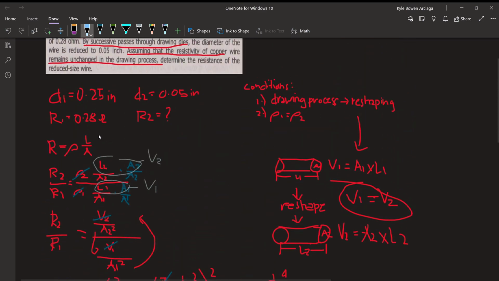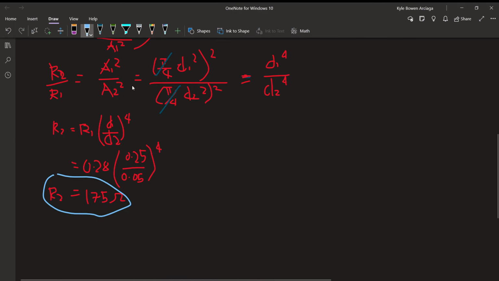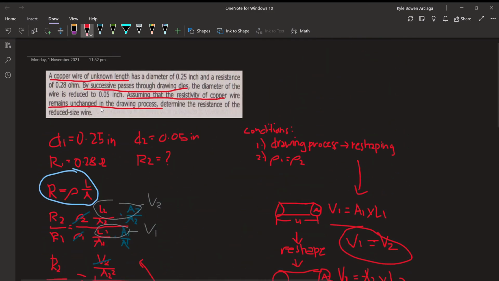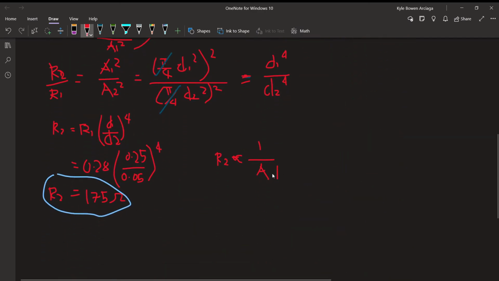As you can see in this equation, R2 is inversely proportional to its area. Given that the diameter is reduced, the resistance increases, so this is the answer.